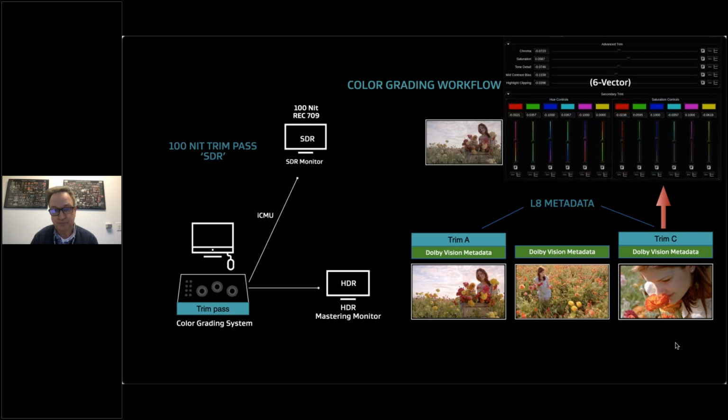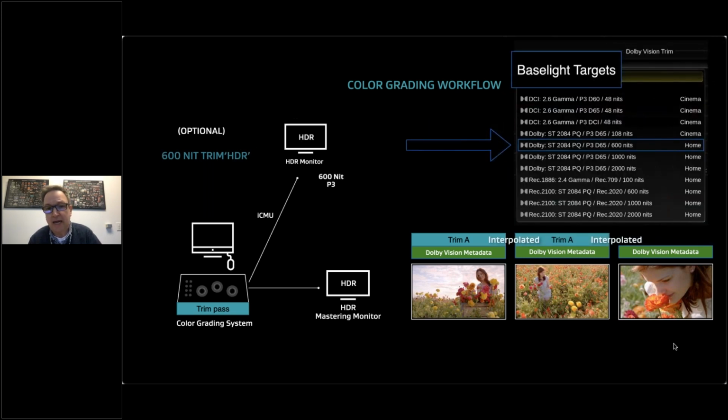Of course, there are secondary 6-vector color correction controls as well that you can apply. And you could then optionally switch your target to a 600 nit PQ mapping to see how your content is now mapping between 1000 and 100 nits at 600.